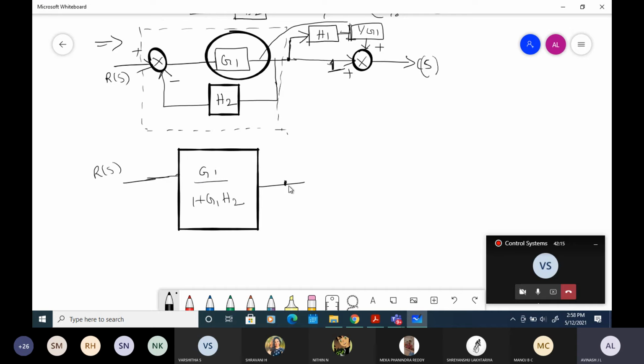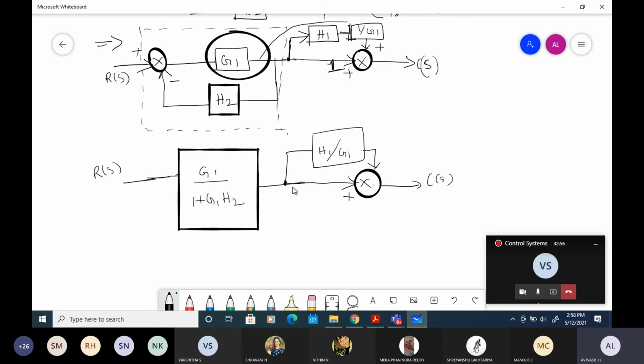So from here, what exactly happens, I'll show you. This one is going here with plus, and here for the two blocks, the block value will be H1 divided by G1. Clear?